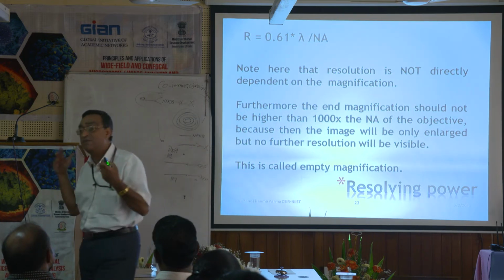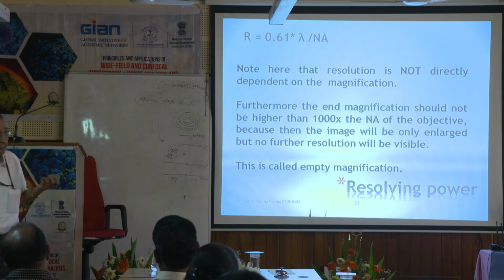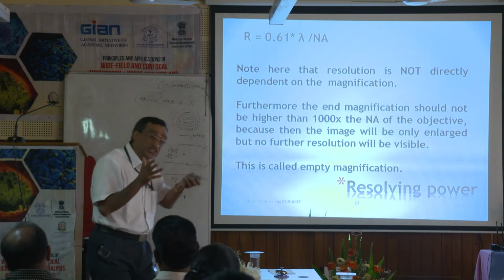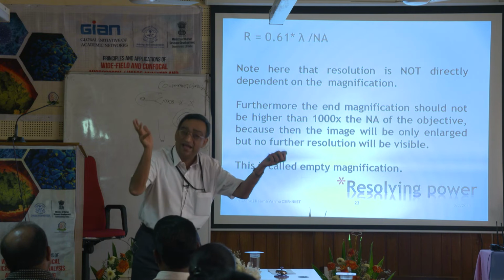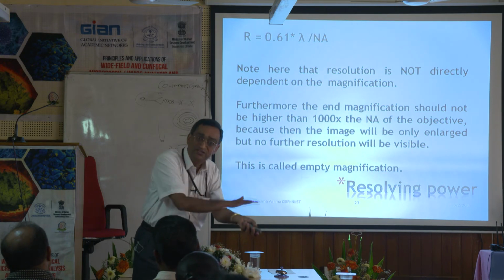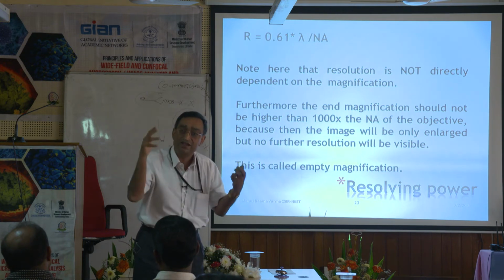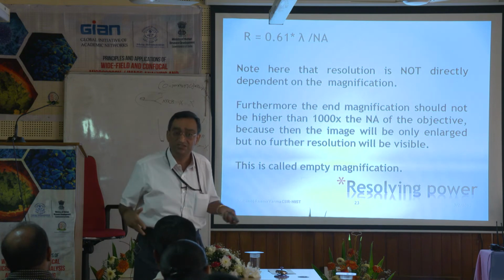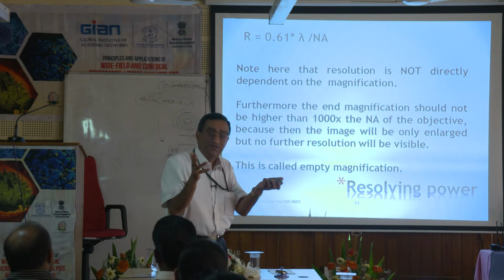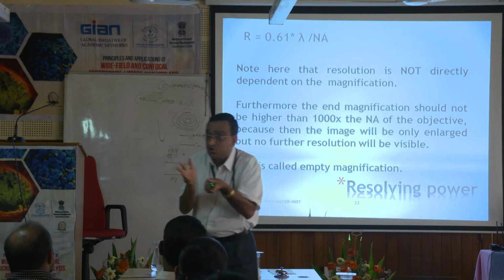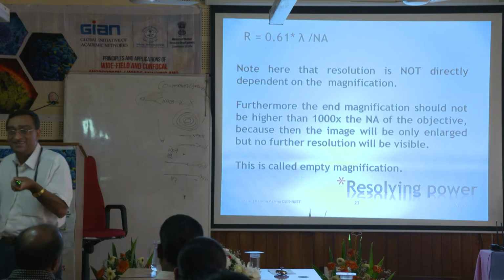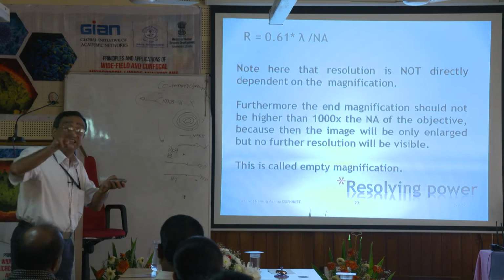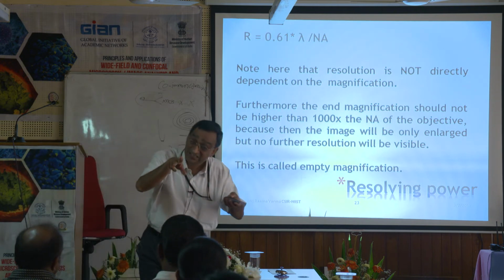Any magnification above 1000 in an optical system is called empty magnification, no meaning. You are only magnifying. It is like using a Xerox machine and going on magnifying 100% each time. Will it give any more information? No, it will not. So there is a theoretical limit for your resolution.